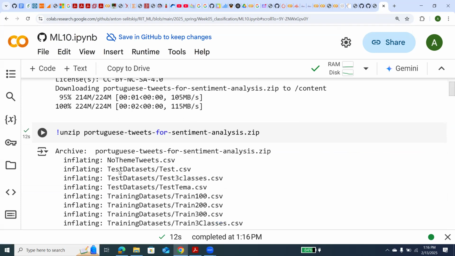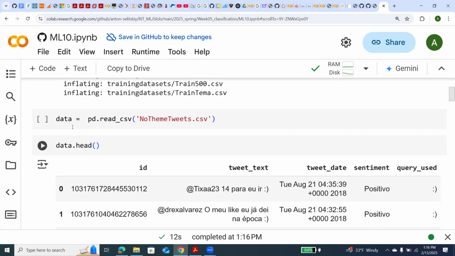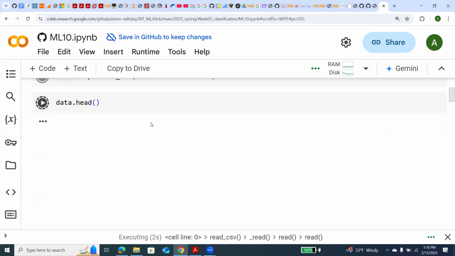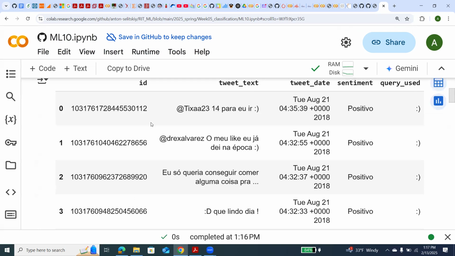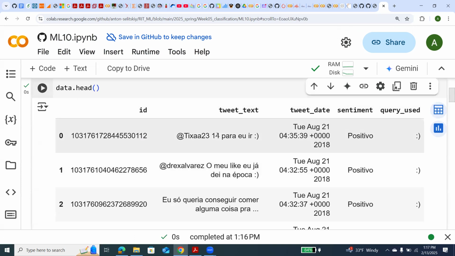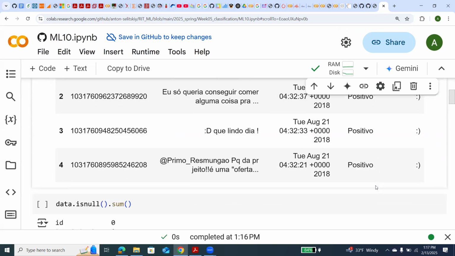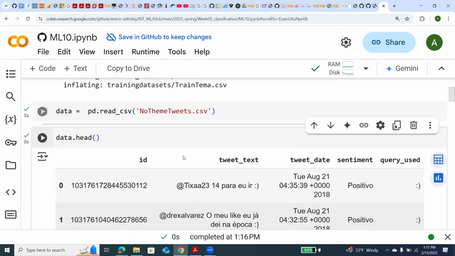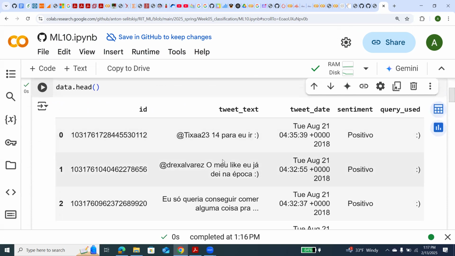Okay, let's look at the data. So we have some tweets and sentiment, positivo, and for negative it will be negativo because it's in Portuguese.